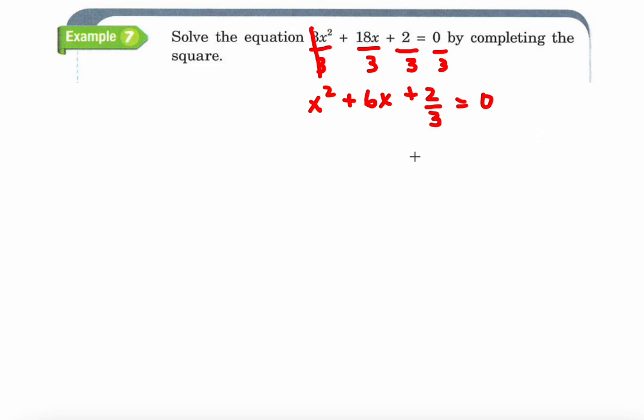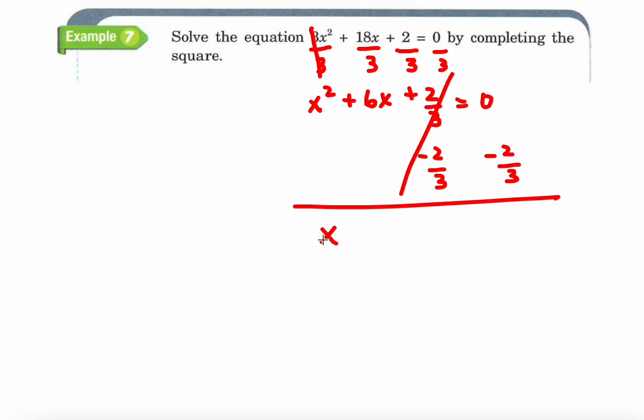And I'm going to move this 2/3 to the opposite side because it's doing nothing for me. So I end up with x squared plus 6x equals negative 2/3. I'm leaving a space here because I know I'm going to be completing the square and adding something there.